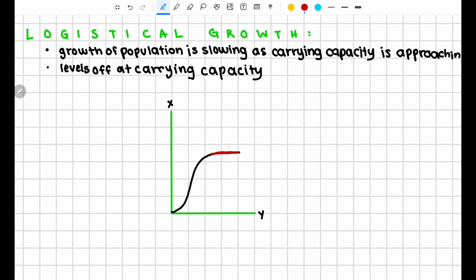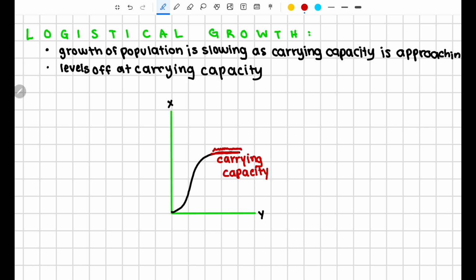So at this point right here, this is where you're reaching your carrying capacity, because now the growth rate is starting to become 0. And even if it's not perfectly straight, it could zigzag a little bit, but it's mostly constant.